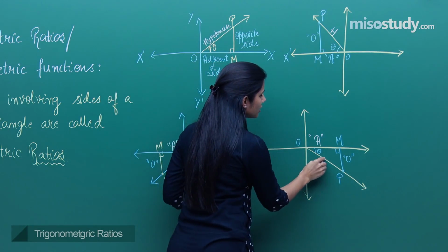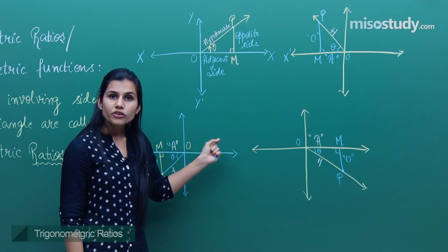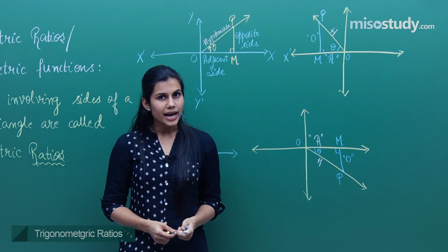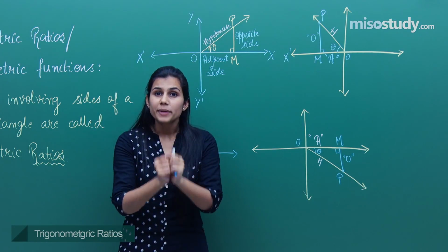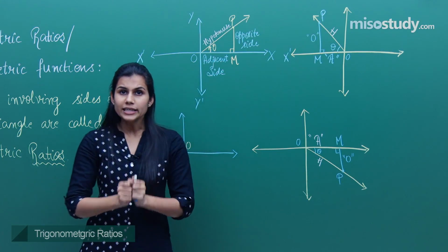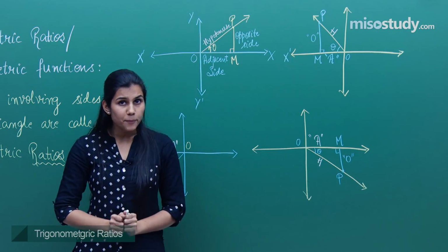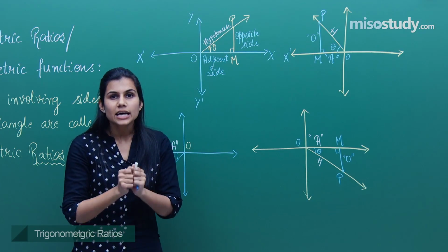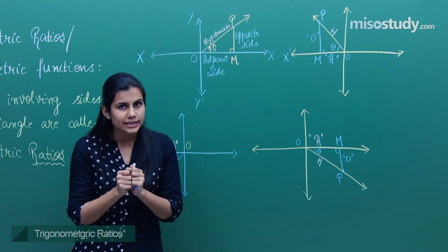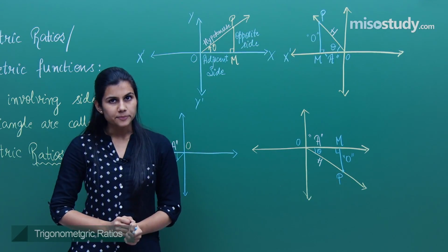This is what we have already understood, and thus in this right triangle, the three sides which make up this right triangle have got their names. One is the adjacent side, one is the opposite side, and one is the hypotenuse. And all these are with respect to a certain fixed acute angle theta inside the triangle of reference OMP.